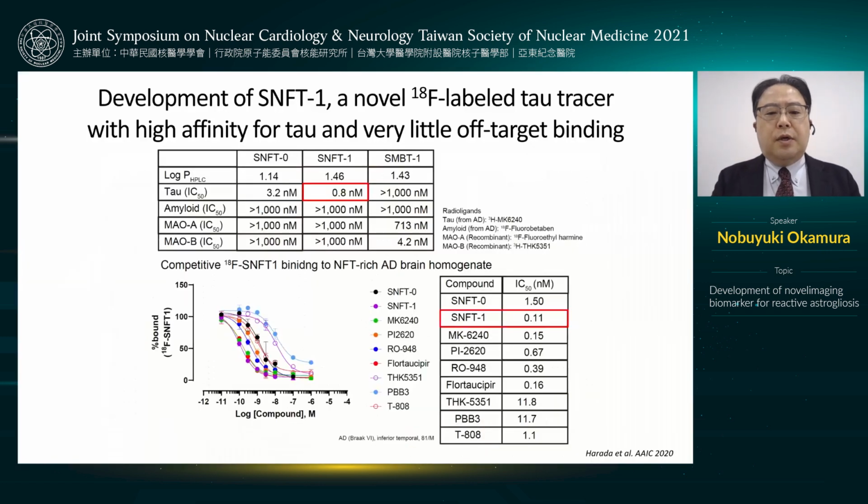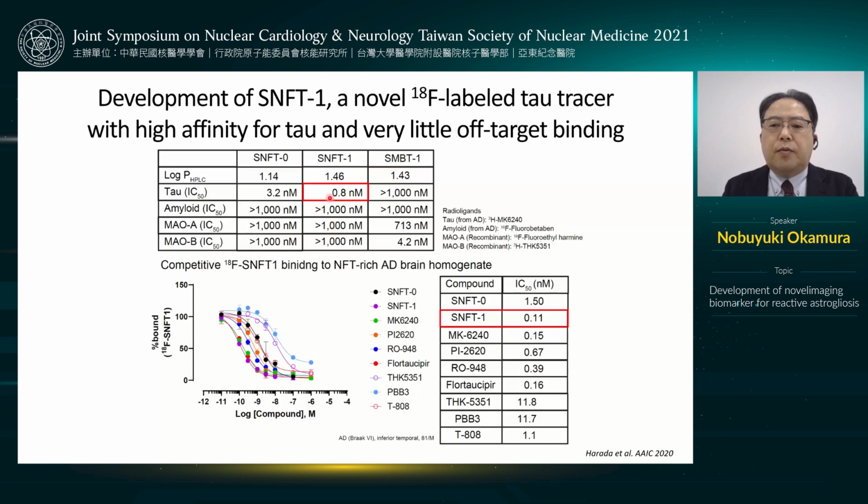And we have been developing tau selective PET tracers, and recently developed a novel tau PET tracer named SNFT1. This tracer is highly sensitive to PHF tau and does not bind to amyloid and monoamine oxidase.